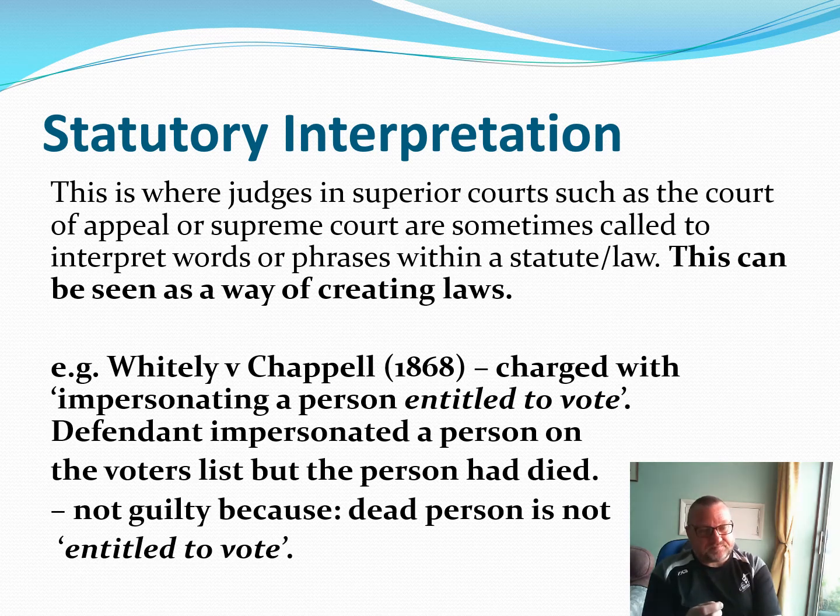Now, the defendant argued that the law says the crime is impersonating a person entitled to vote. The defendant had impersonated a person on the voters list, but the person had died. Now, if you are dead, you are no longer entitled to vote. You can't be entitled to vote because you're dead.